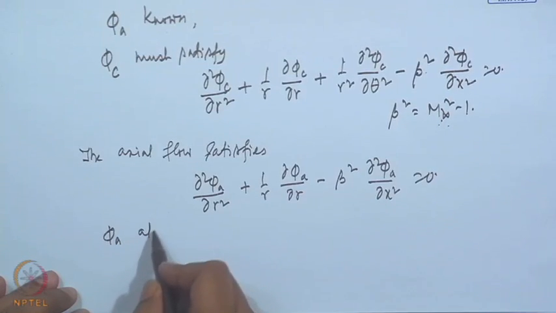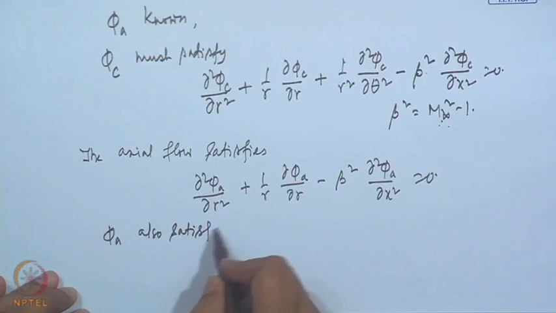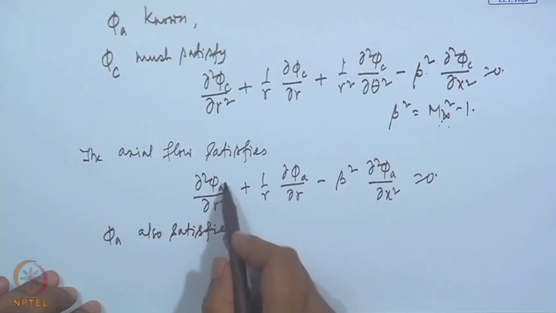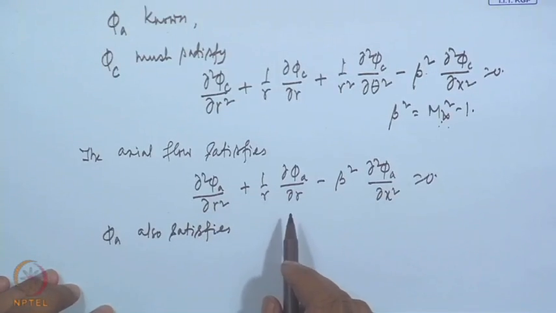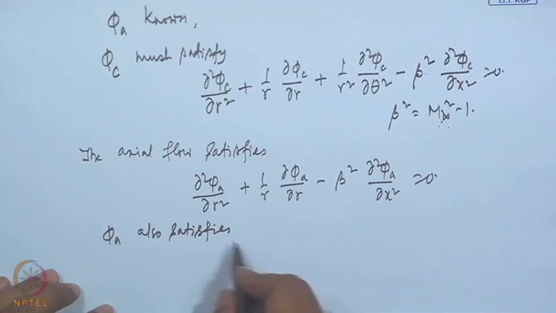So, phi a also satisfies this equation. If we differentiate this equation with respect to r, the resulting equation is also satisfied by phi a.